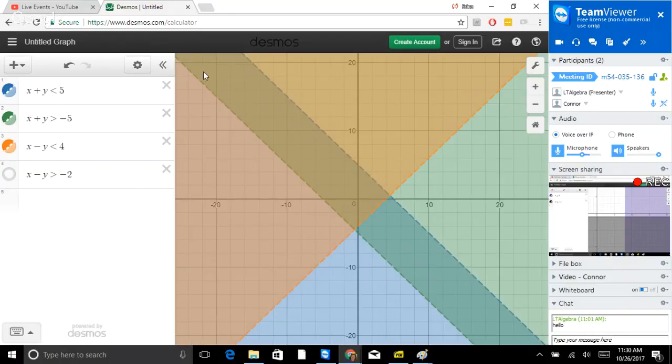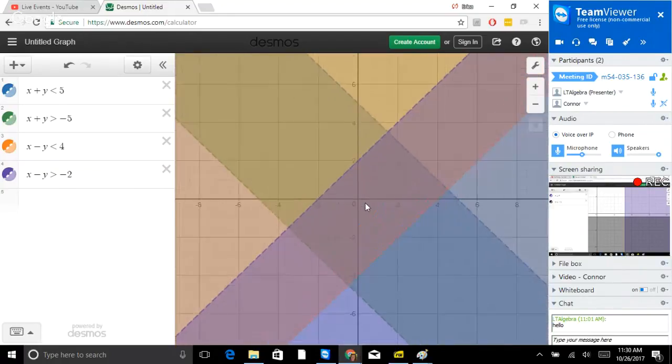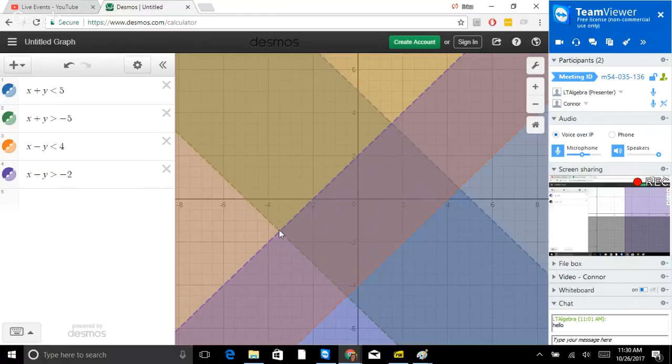Okay, so now I have x minus y is less than 4. So I have this little rectangle going up this way. And then I have a fourth equation, x minus y is greater than -2. So when I get down to it, I'll zoom in a little bit here. I basically have this rectangle here that shows all of the values that make all of these true.